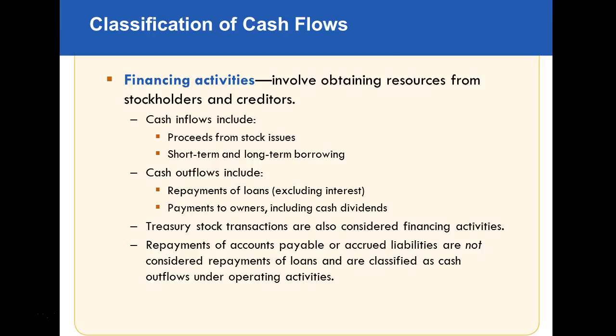Repayments of accounts payable or accrued liabilities are not considered repayments of loans and are classified as cash outflows from operating activities. Accounts payable usually occurs because we purchase supplies on credit. Okay? Or salaries payable means those salaries have occurred, we just haven't paid the bills yet. Okay? It's very short term.